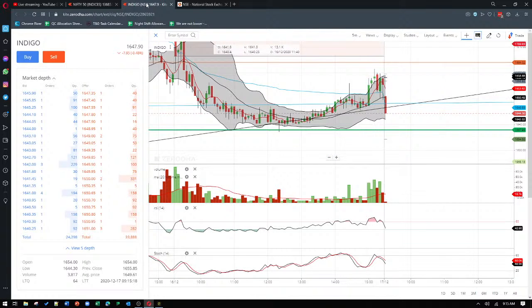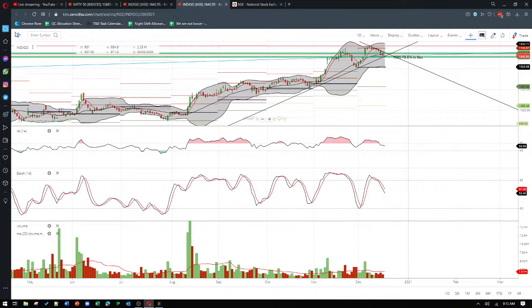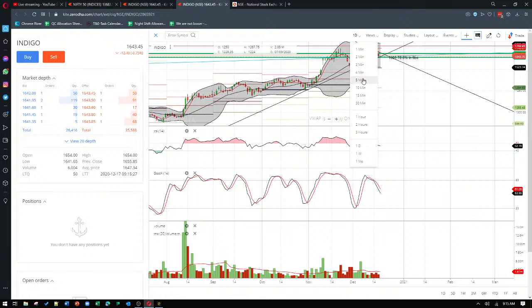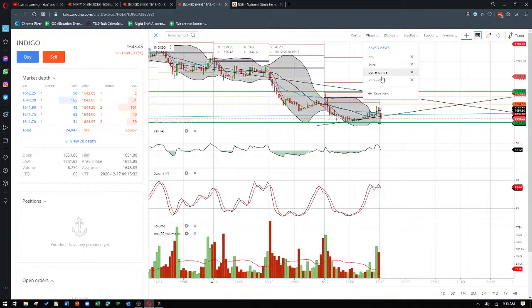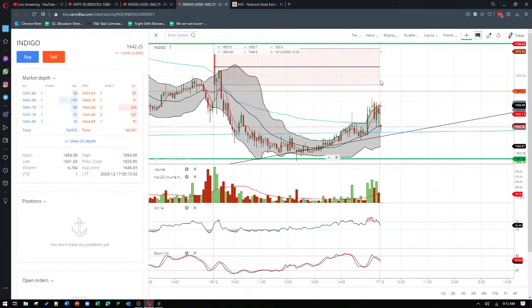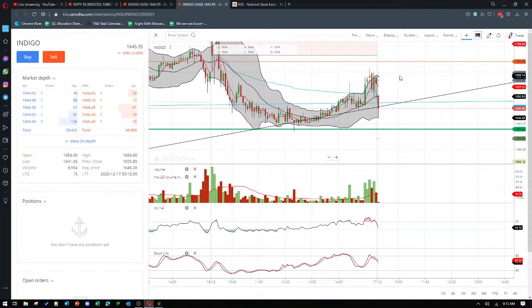Let me create a duplicate window because I use both 5 minutes and 15 minutes. I take the trade based on 5 minutes, and 15 minutes I keenly watch to make sure that, because of the noise in the price action here, we will not take a decision very wrongly.